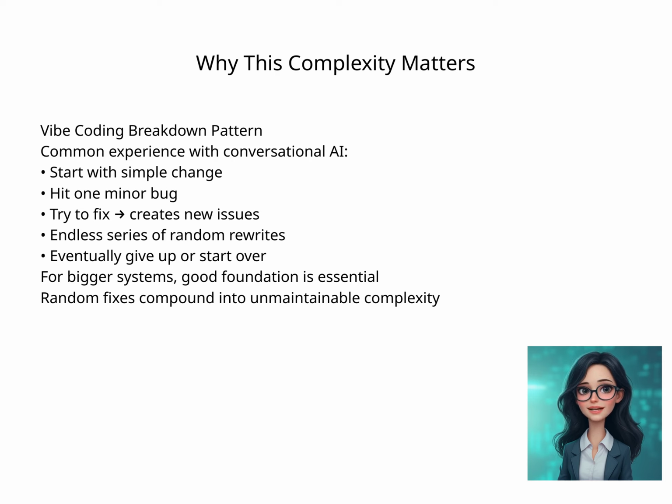What should be a 5-minute fix turns into hours of debugging AI-generated patches that don't understand the broader context. For bigger systems, having a solid foundation becomes absolutely essential. Random fixes compound into unmaintainable complexity that eventually forces complete rewrites.